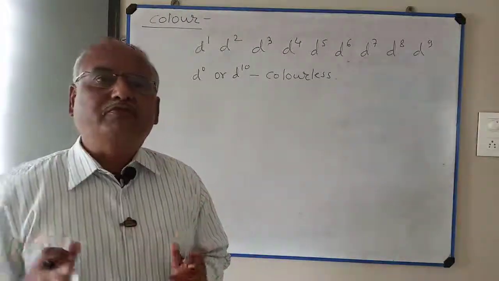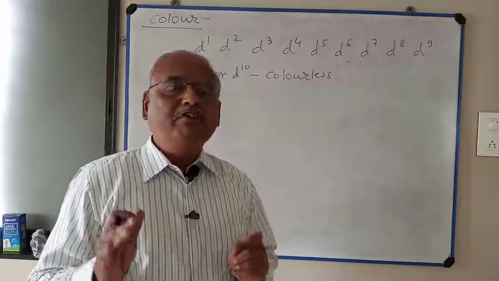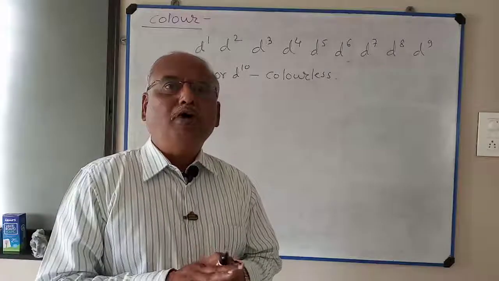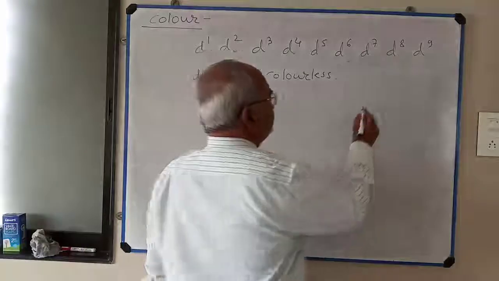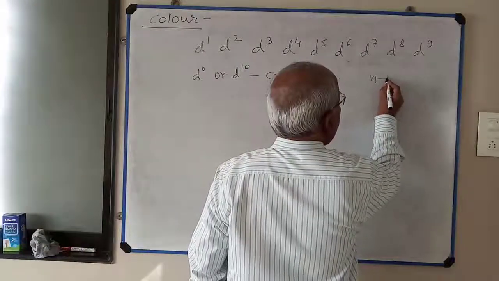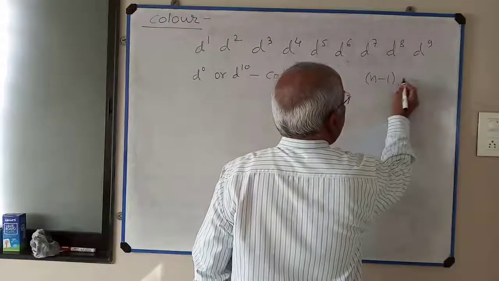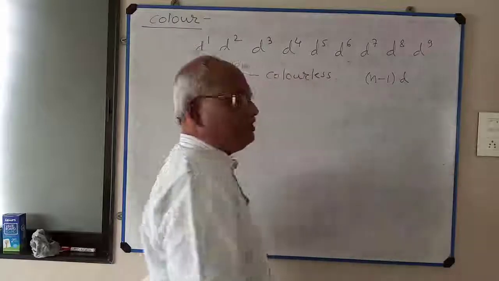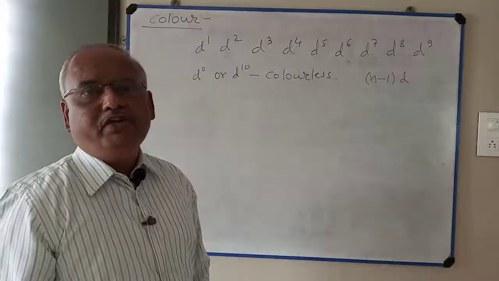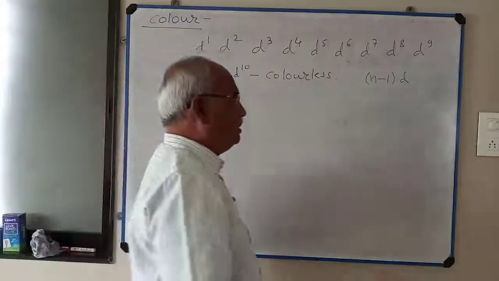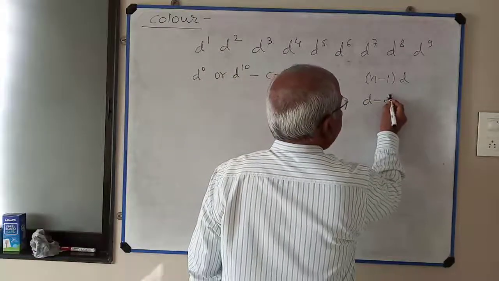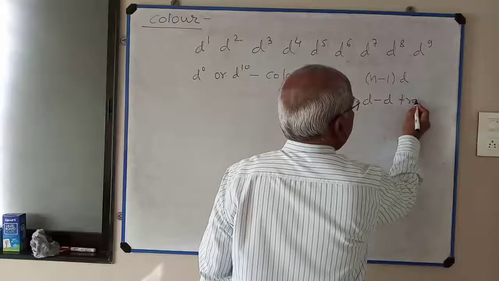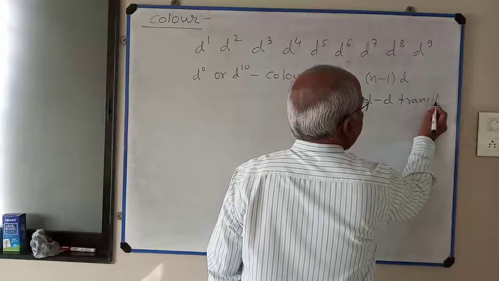Color of the substance depends upon number of unpaired electrons present in the n-1 d orbital. It also depends upon d-d transitions.